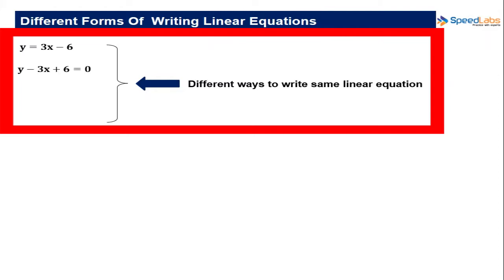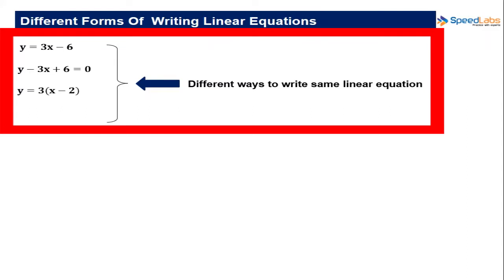So let's do one of these operations. If you transfer this 3x to the left hand side, it becomes minus 3x. If you transfer this minus 6, it will become plus 6. So effectively both the equations are the same. These are not different equations because we are just doing simple transformations.